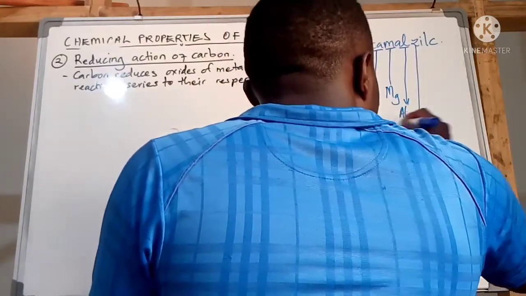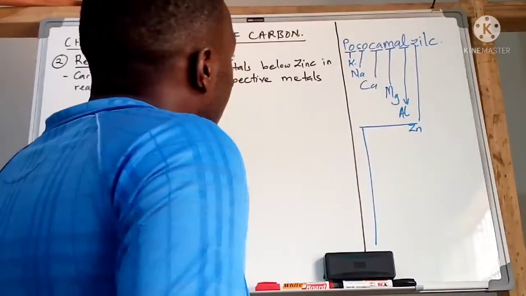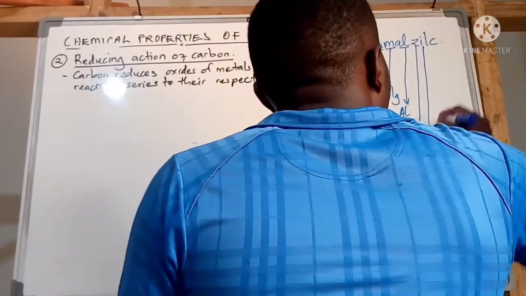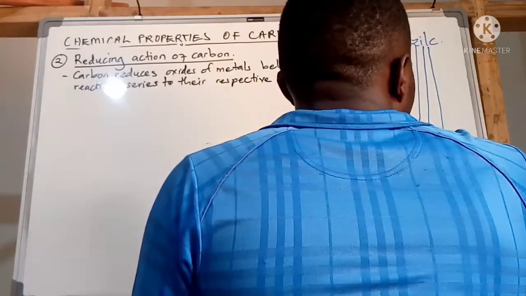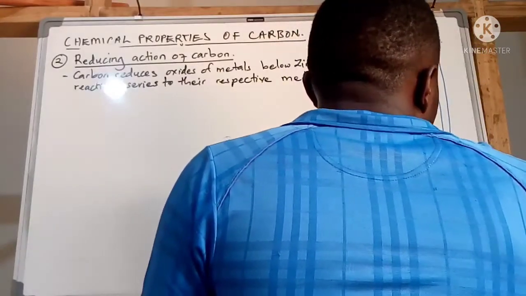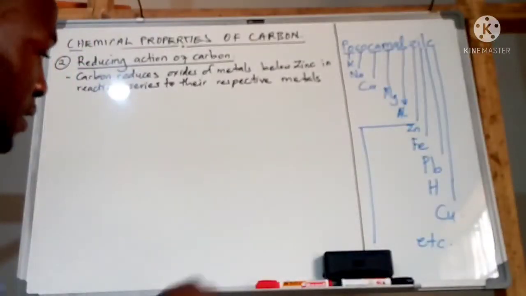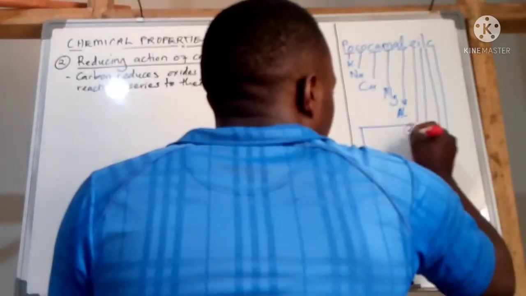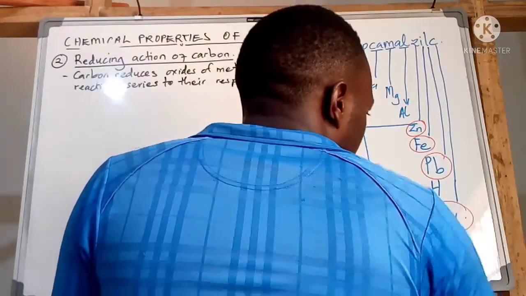So from zinc downwards, those oxides can be reduced by carbon. I stands for iron, Lo for lead. Then we have hydrogen there, C standing for copper, etc. The rest can continue. I'm interested in the oxide of zinc, the oxide of iron, the oxide of lead, the oxide of copper.